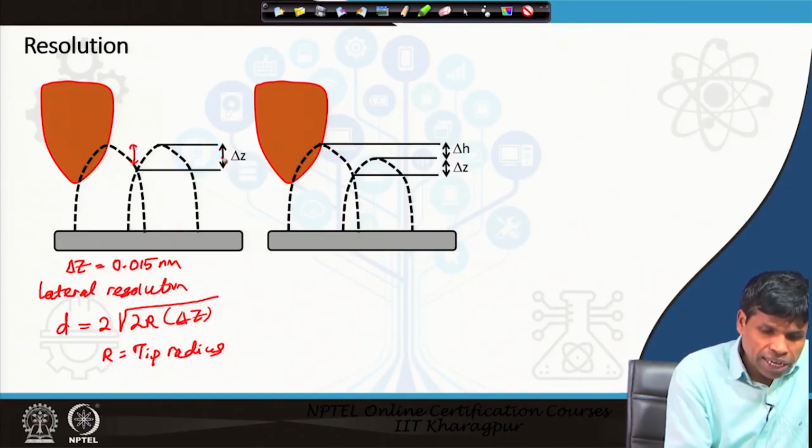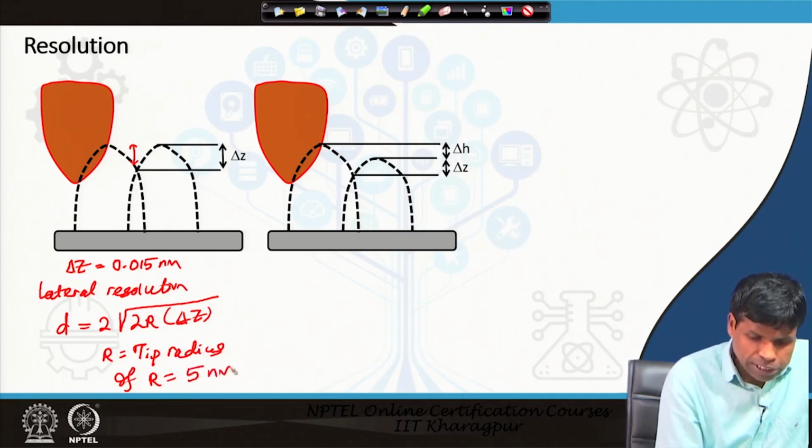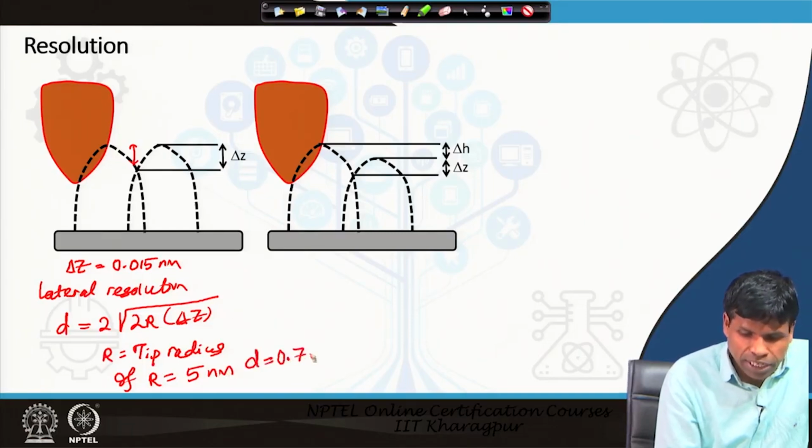As I said, del z is 0.015 nanometer. If tip radius r is, let us say, around 5 nanometer, then you will get this d value as approximately 0.7 nanometer.